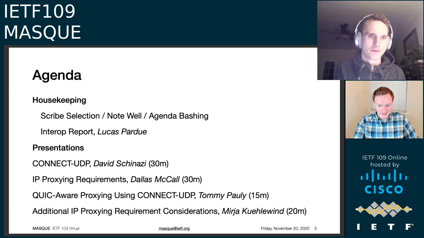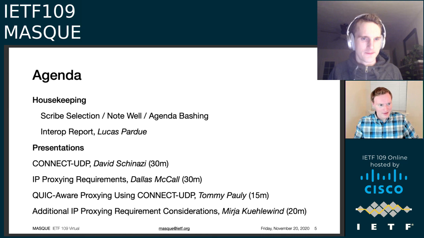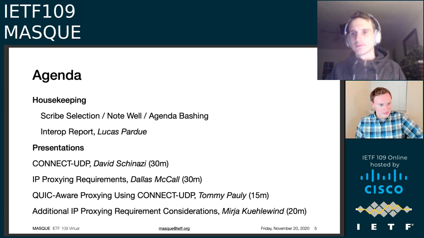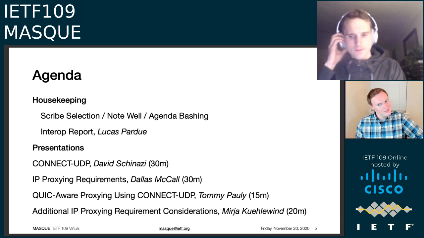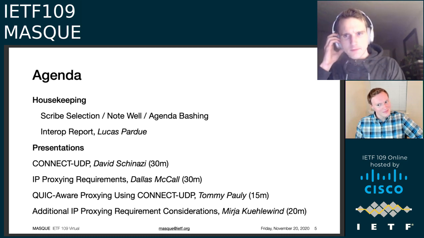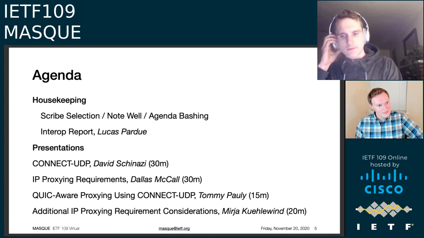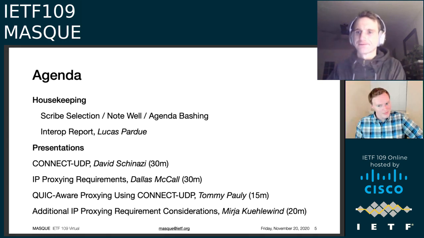Tommy? Here we go. So just a quick bash, not required, but if we look at the presentations, while they're grouped right now by what's adopted and what's not, topic-wise, we have 2 documents on Connect UDP and 2 documents on proxying requirements.